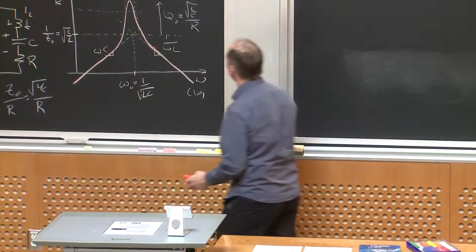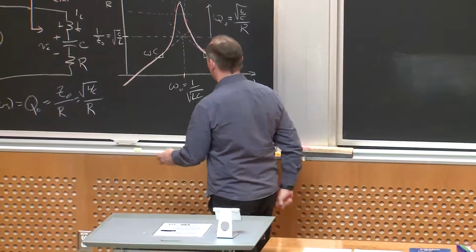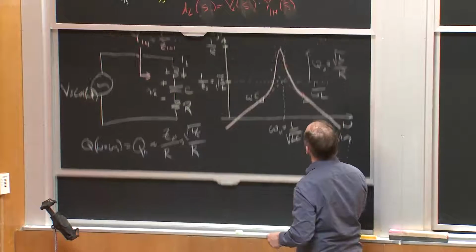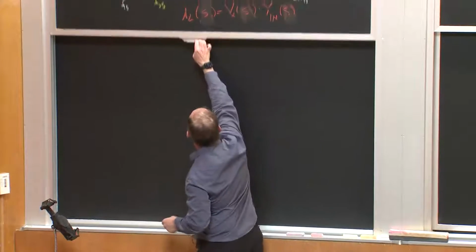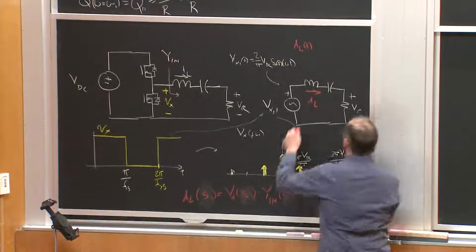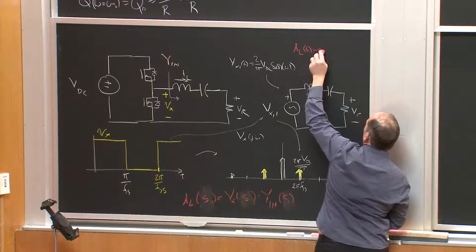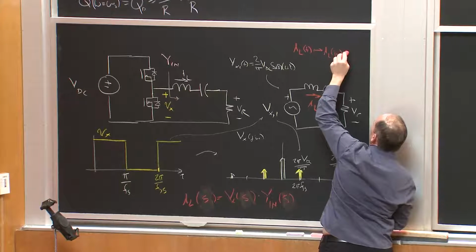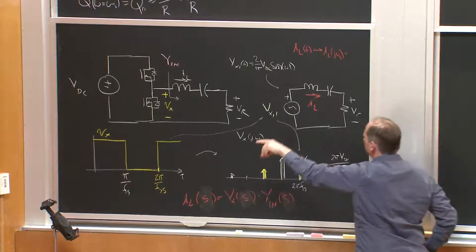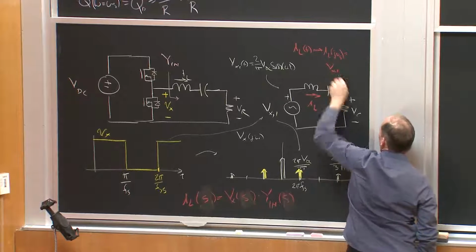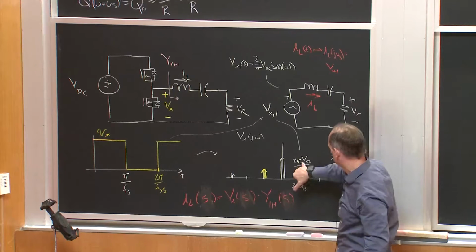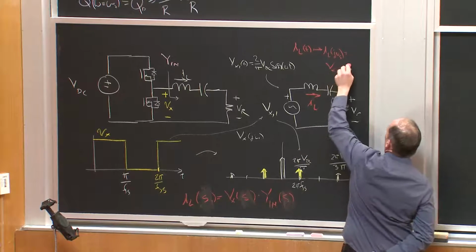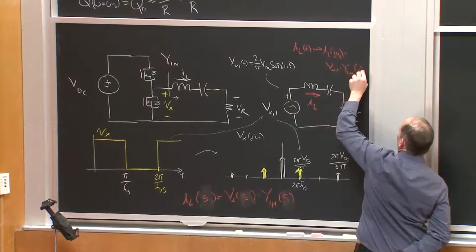So I could write here that the component at the fundamental, I have IL of t here, but I could relate that back and forth with IL of j omega s, which is equal to Vx1, the amplitude of the fundamental, times Yn of j omega s.